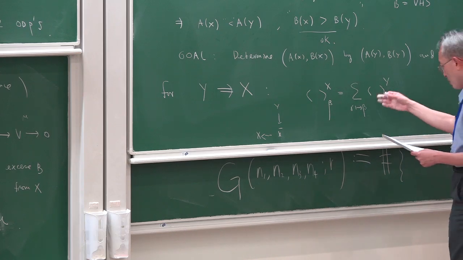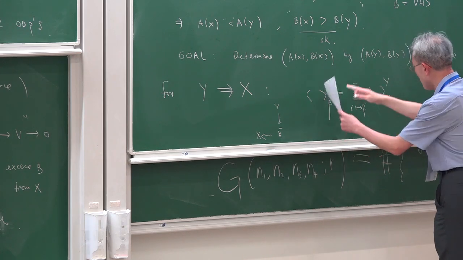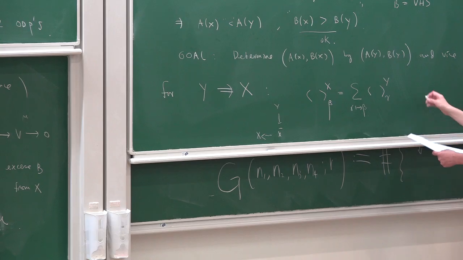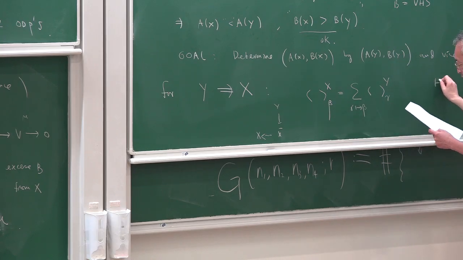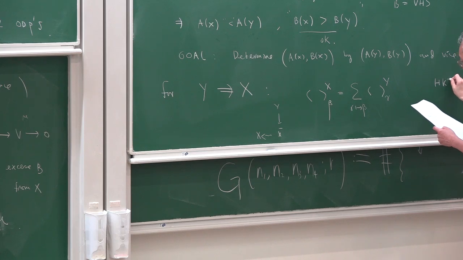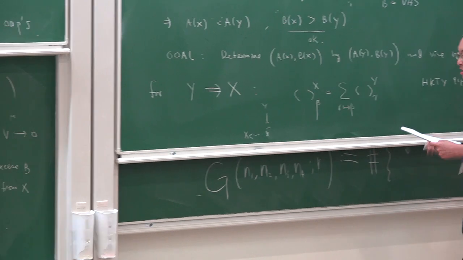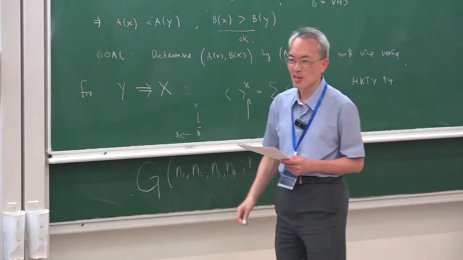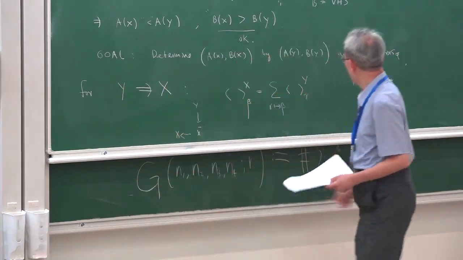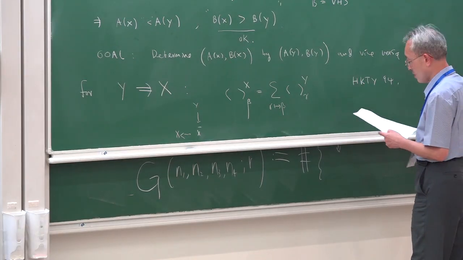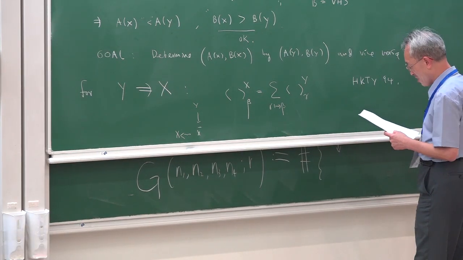And even this very simple looking formula was first observed by Professor Hosono, I guess, in Calabi-Yau manifolds. I guess that is some calculation of examples. But anyway, that's the first theory I know. I was a student at that time.